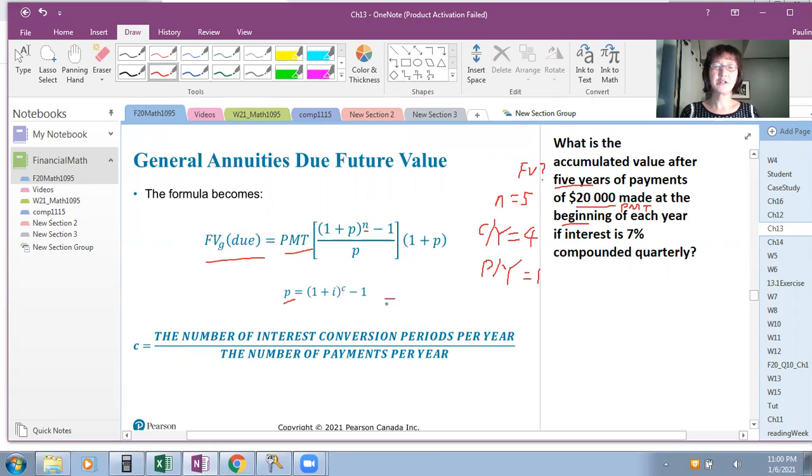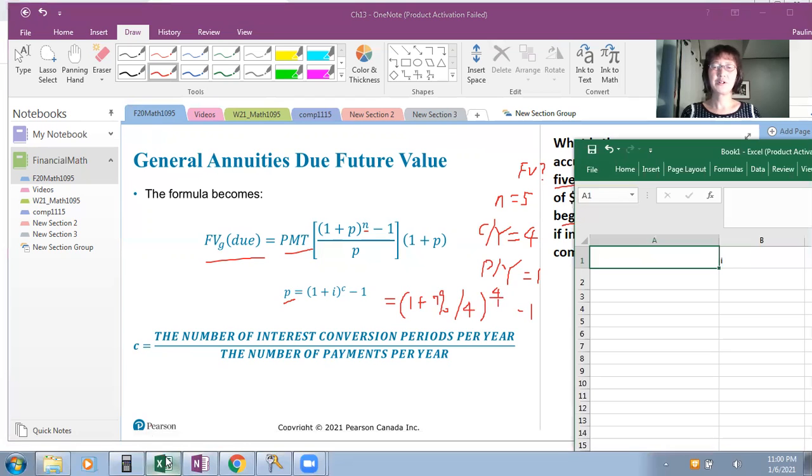So that equals 1 plus 7% compounded quarterly, so divided by 4, and then raised to power C, where C equals CY over PY, 4 over 1, and then minus 1.